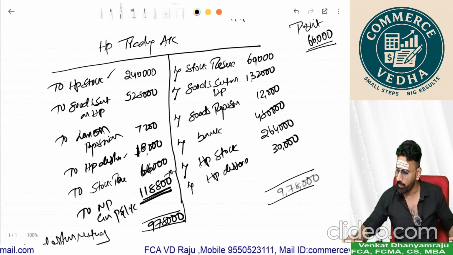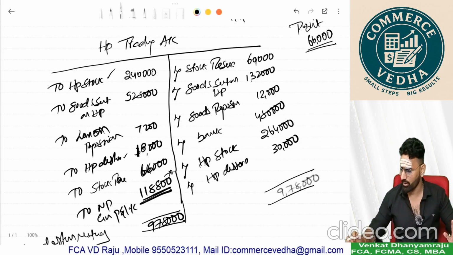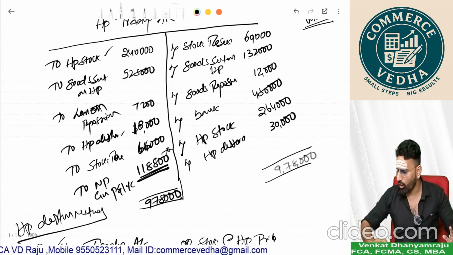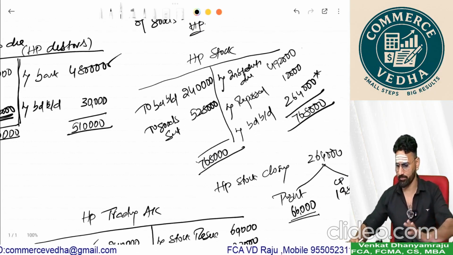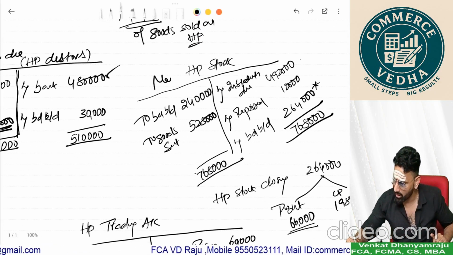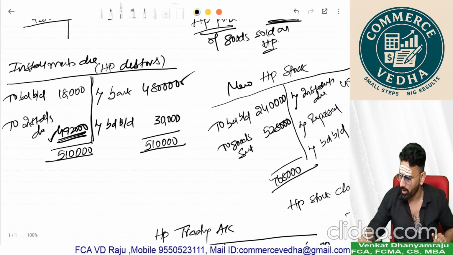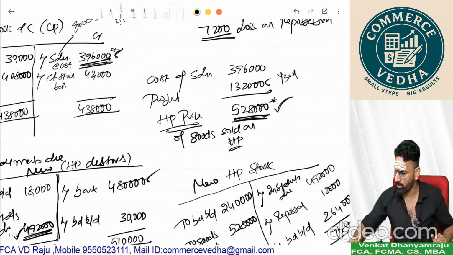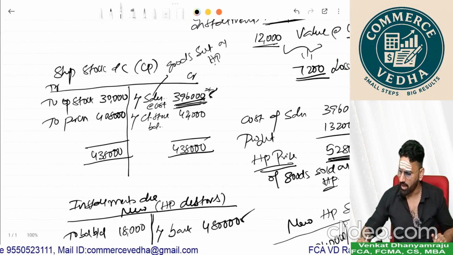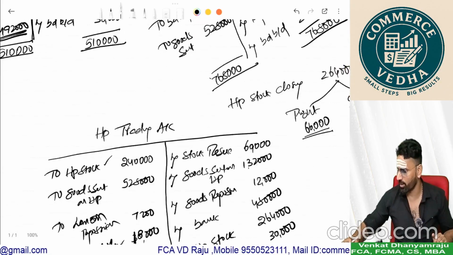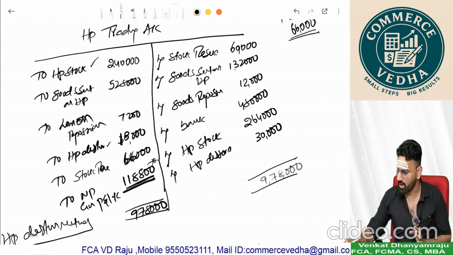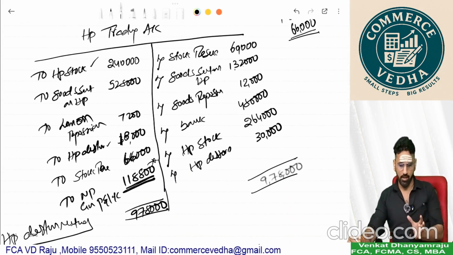Here, we prepared a single account, the trading account, and there we recorded all the transactions with the help of many memorandum accounts. These are called memorandum stock, memorandum hire debtors, and memorandum shop stock. With the help of all the memorandum accounts, we prepared one single account to identify the net profit.